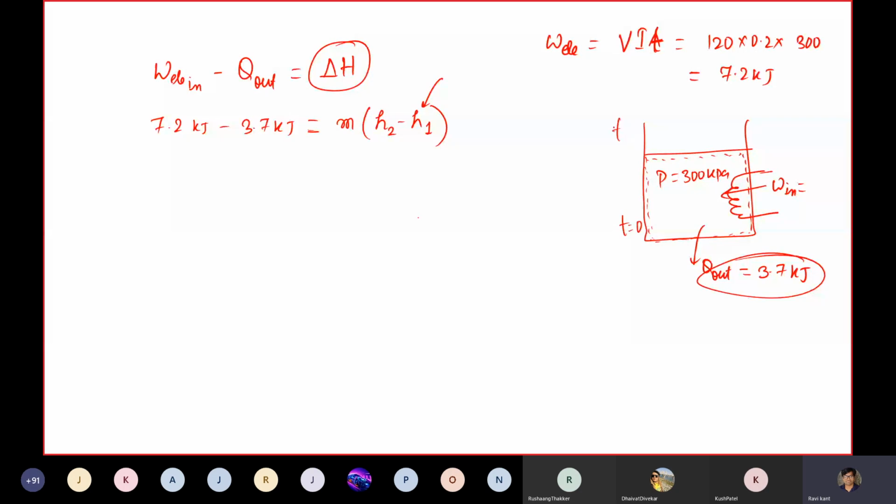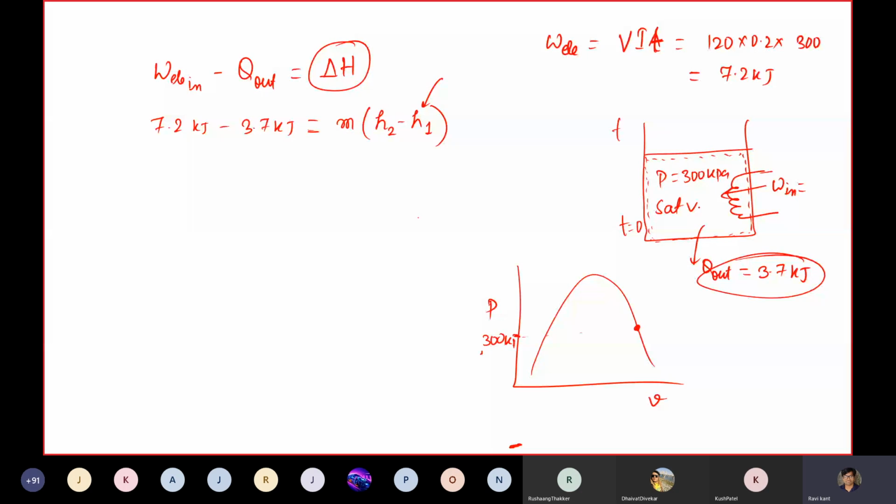So let's suppose this is my vapor dome. This is my pressure versus volume plot, and at 300 kilopascal my state was here. It was given that it was a saturated vapor.